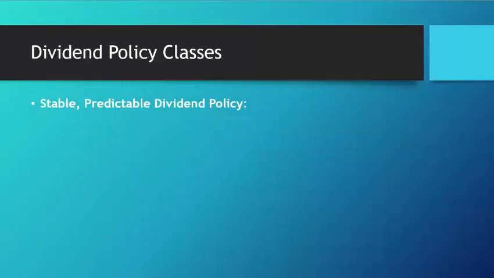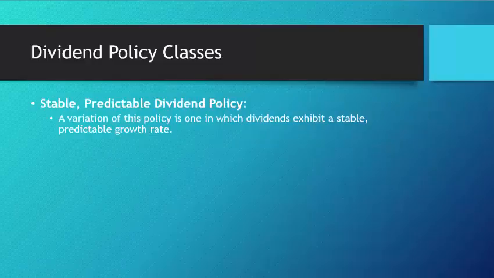A very close variation to this one, which is why I did a 2A in my list, is a stable, predictable growth rate. With the stable, predictable growth rate, we're actually trying to send a message to the market that the growth rate is stable.